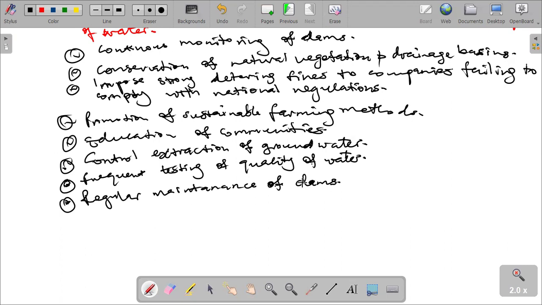Legislation and government policies can also be a good solution, to say that the government must implement strong policies and legislation in regard to that.